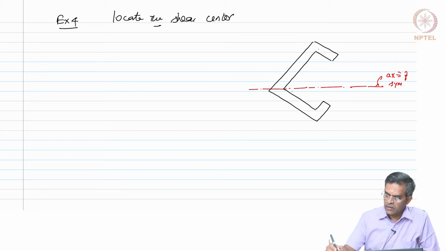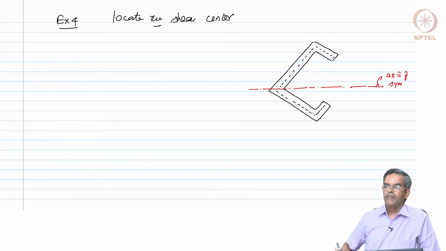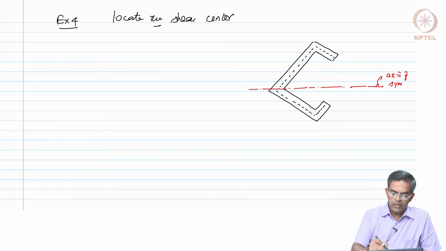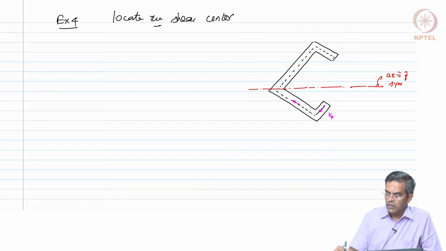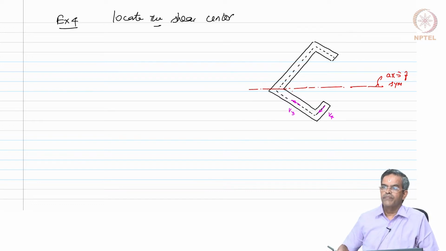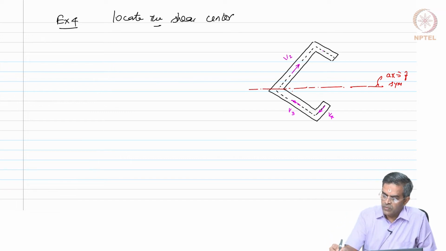First, let us mark the center lines. Then mark the shear flow. Let us say this is V4, this is V3, this is V2, this is V1.